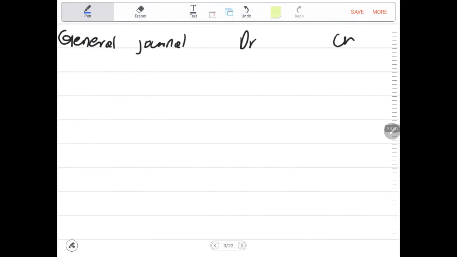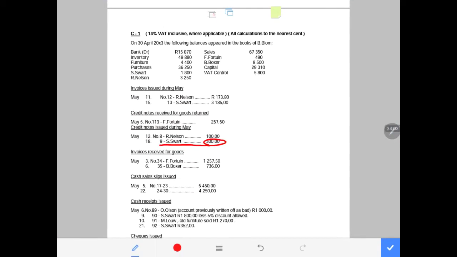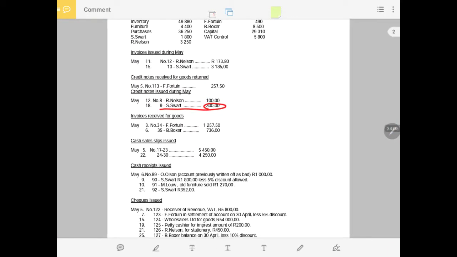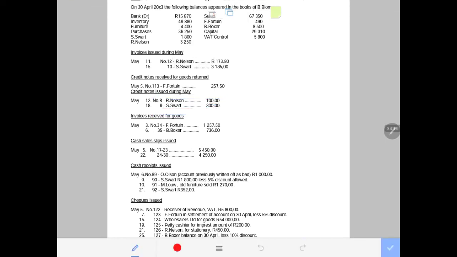Now we go to the next page of our general journal and we go to the next transaction of our provided information. Invoice received for goods. Let me highlight that this is done, this is done, this is done, but I'll sometimes delete it.